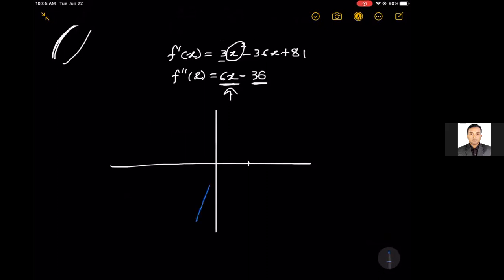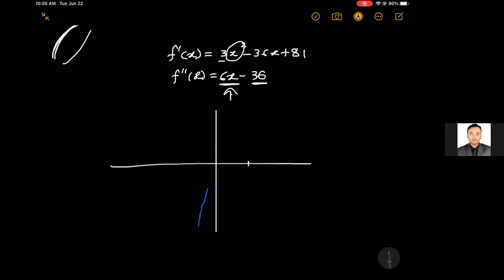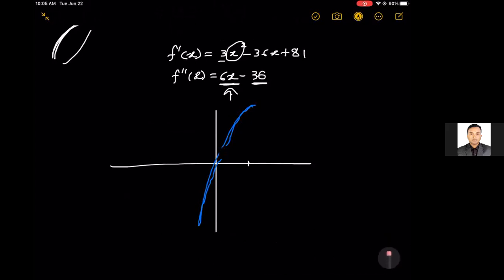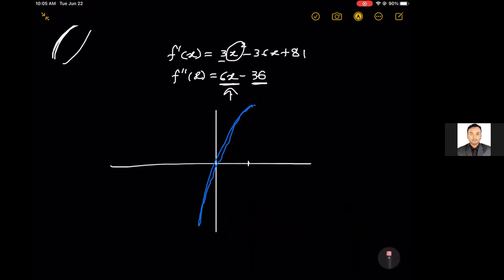It's difficult to draw a graph by hand though. The good thing is you'll be given options for this. You'll not be asked to draw this anyway. Yeah, it will look like this, right? Do you agree? Use the object eraser. Okay, yeah, it will look like this for this first interval.